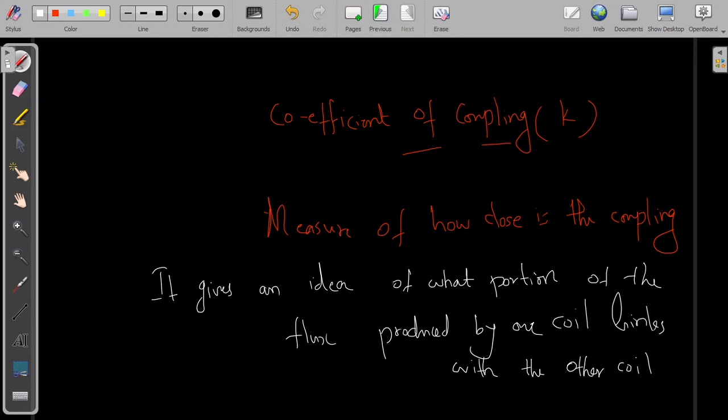So from the equations of self-inductances of the two coils, we can write the two self-inductance equations like this.